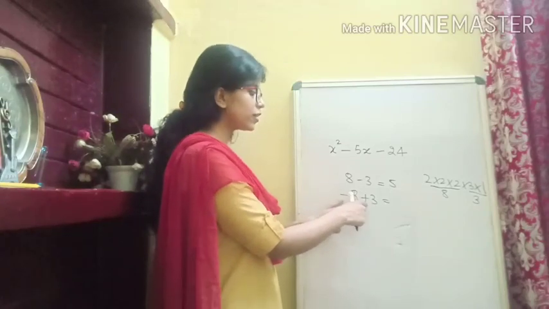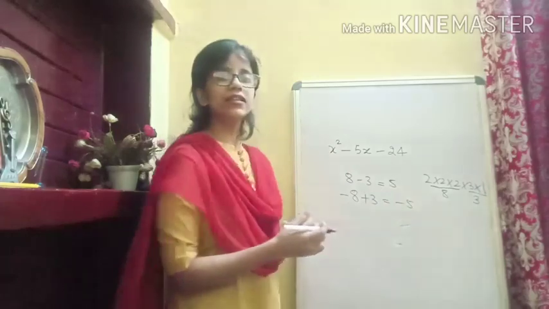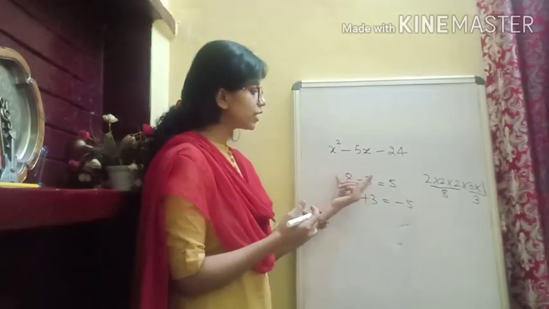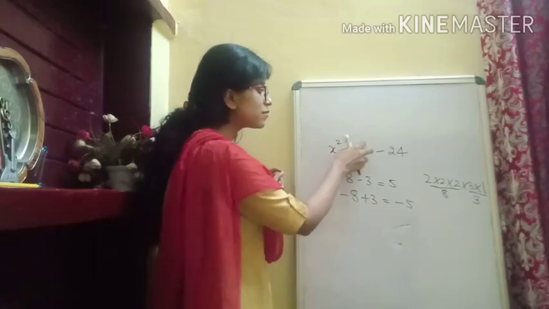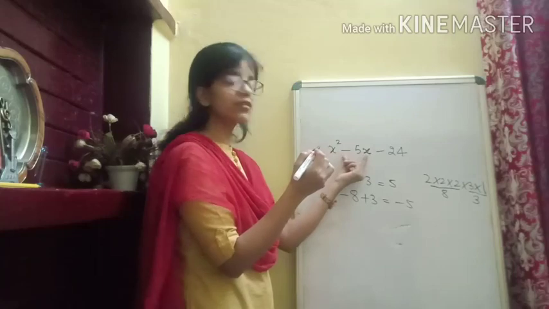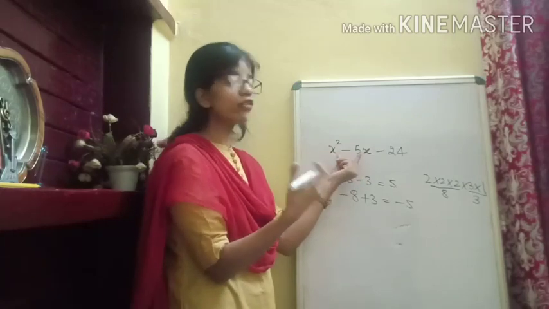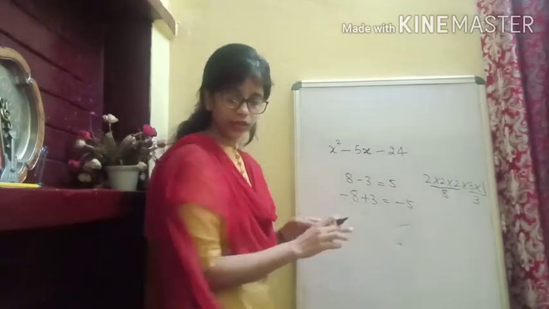That is still minus plus minus, but this time we will get minus 5 as the answer. So instead of taking 8 minus 3, we would be taking minus 8 plus 3 to get minus 5. You always keep this in your mind, what is the term we want to get, and what is the sign of that term.